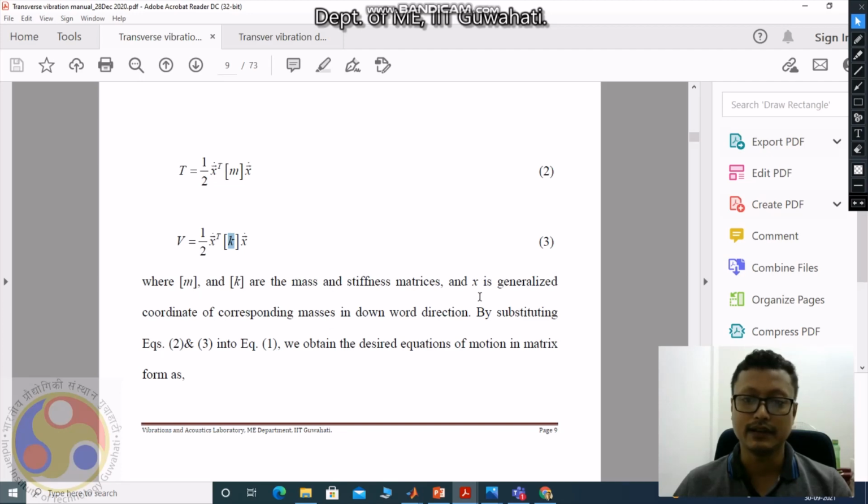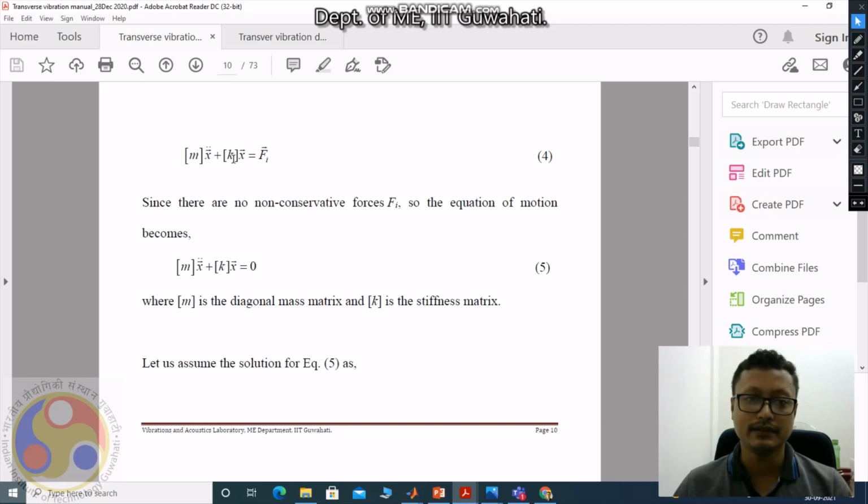This is again the generalized coordinate expression in a downward direction. We substitute these two equations in equation 1, then obtain the desired matrix equation: M x double dot plus K x equals F. This is the non-conservative force equation.